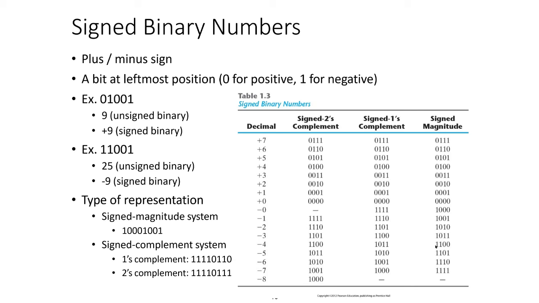With the signed magnitude approach, you'll notice that the first 3 digits are the same. The only difference is the sign, so we're using this last bit to represent the sign. That's really the difference between these 3 systems. And computers typically use this approach when handling numbers.